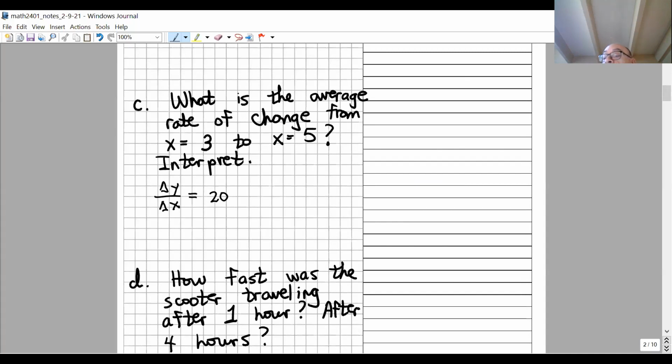And the interpretation will be almost the same as before. You could say, on average, from x equals 3 to x equals 5, the distance increased by 20 miles per hour.